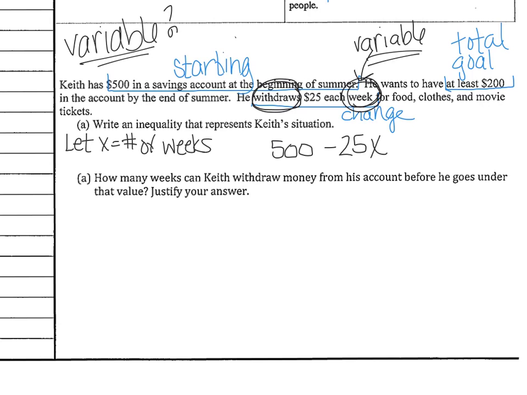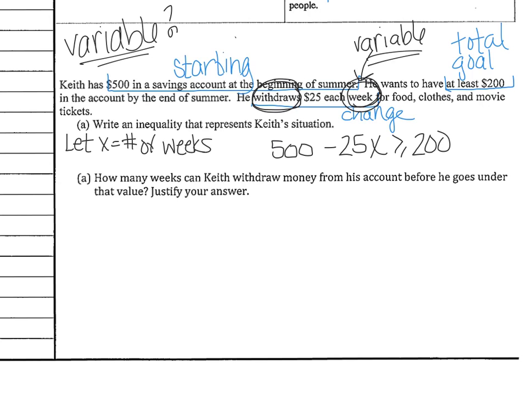So I've got $500 minus $25, and then each week is because I've got this 25 times the number of weeks. Now, my goal is to have that be at least $200. Well, we saw above that the word at least means greater than or equal to $200.